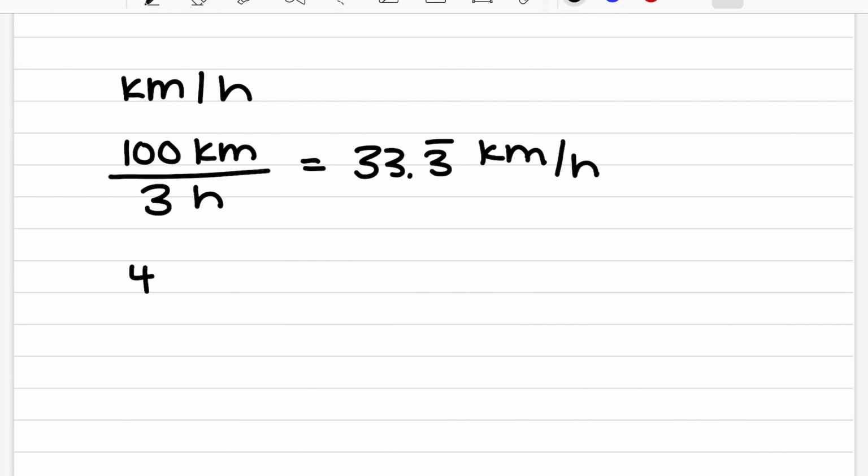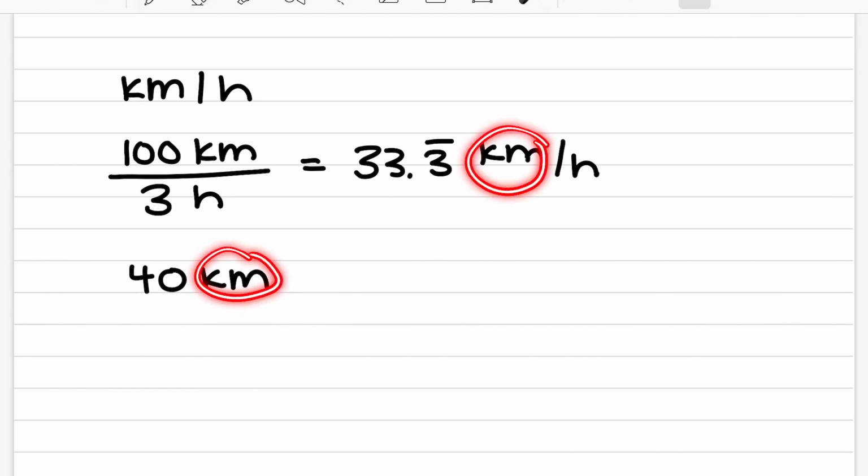Now she has 40 kilometers left to go, and she's going to keep traveling at the same speed. How much time will it take her to get to the destination? So here we want the units to cancel out. We want kilometers and kilometers to cancel, so that all we're left with is hours, because that's the answer unit. So in order to get them to cancel out, we need to do division.